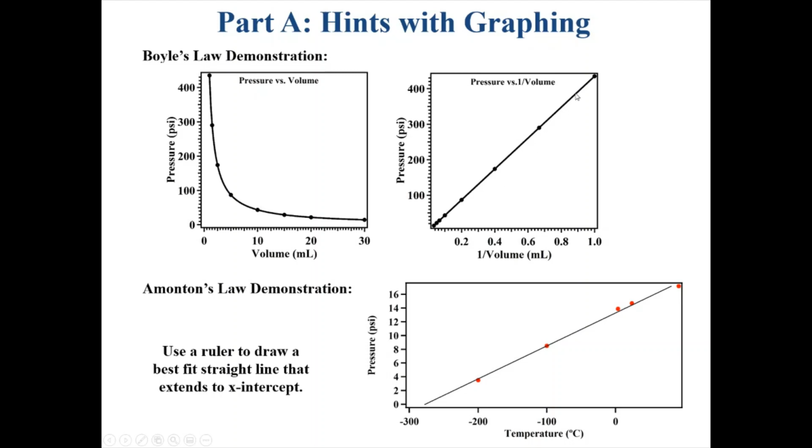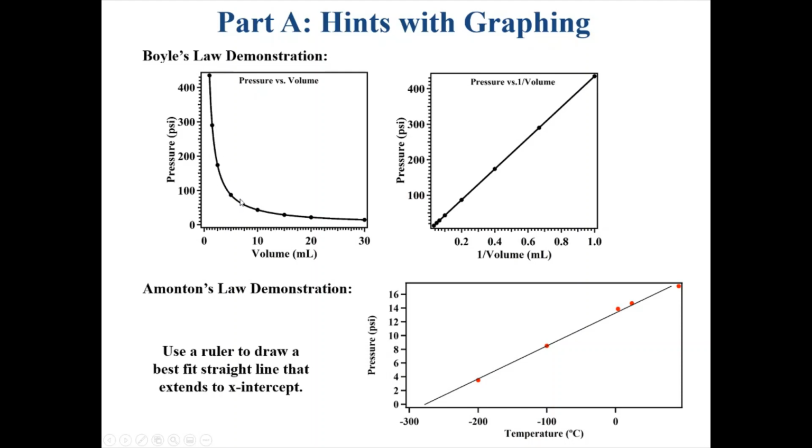You can use a ruler also for the pressure versus 1 over volume graph. For the pressure versus volume, you may have to get a little creative because we don't have the French curves. So you'll just have to do your best making the line through the points. Don't worry, we won't be grading if it doesn't look right.